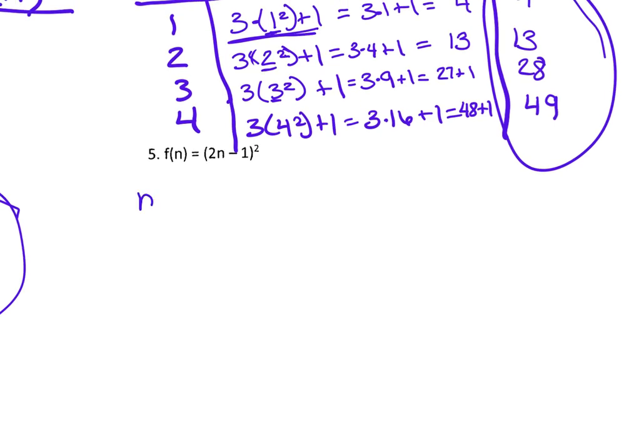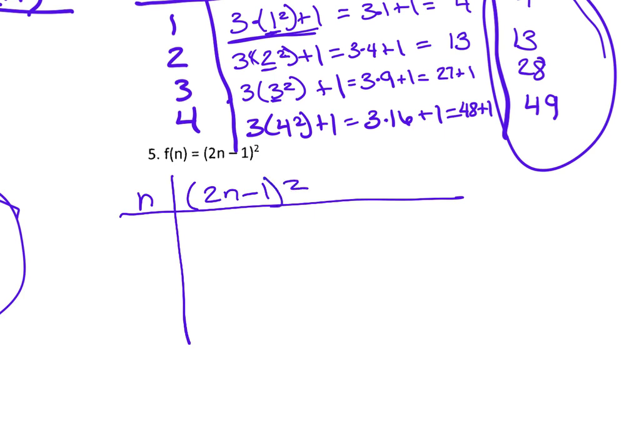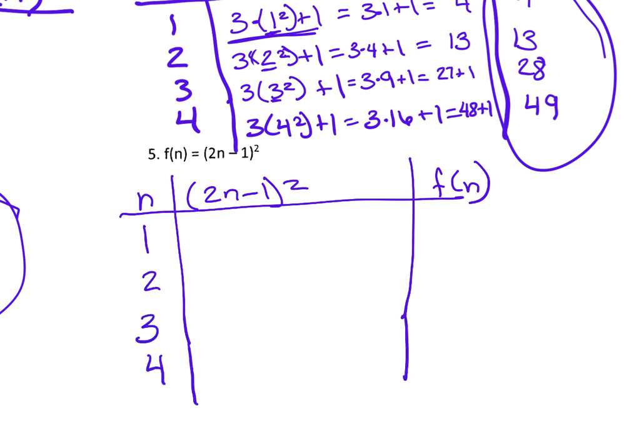Okay, so I'm going to fill out my table again. So n is going to be 2n minus 1 squared, and that's going to give me my output of f of n. And I'm going to do 1, 2, and 3 again, right? And 4. 4 terms. So I just fill those in. 2 times 1 minus 1 squared, right? I just fill it right into that function rule.